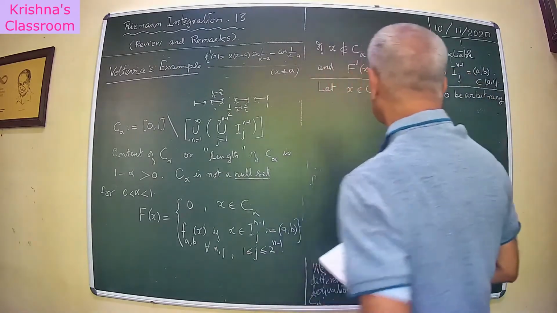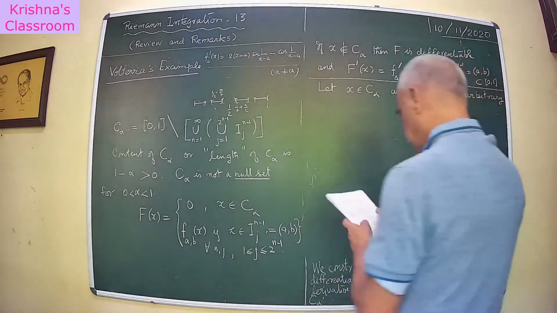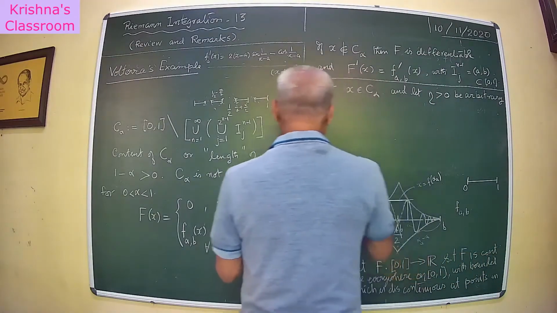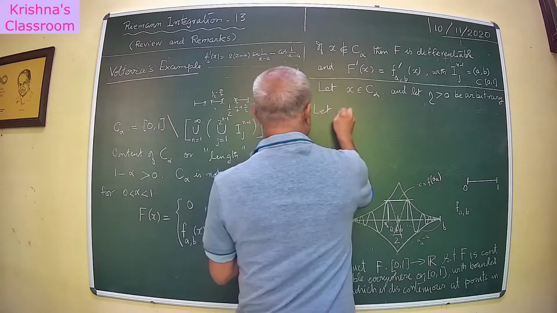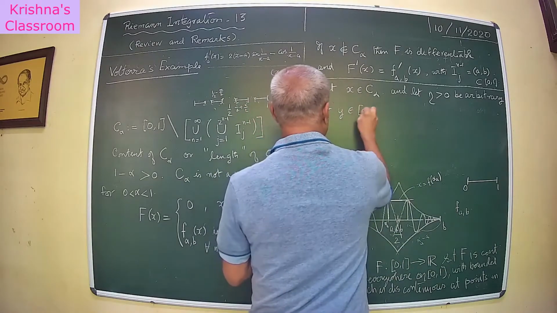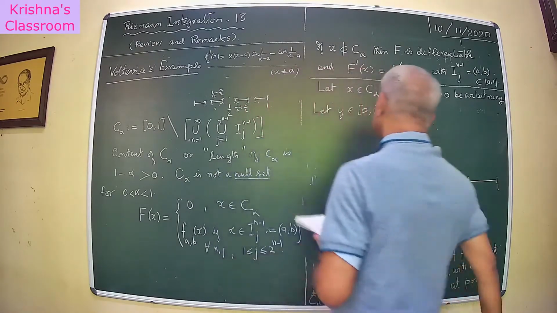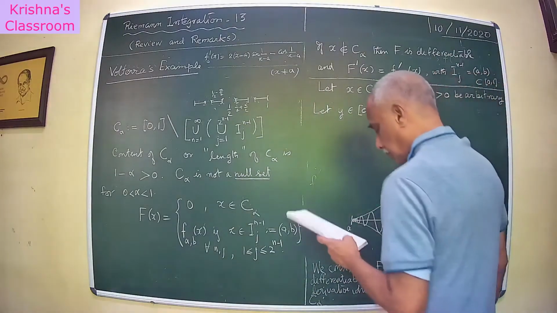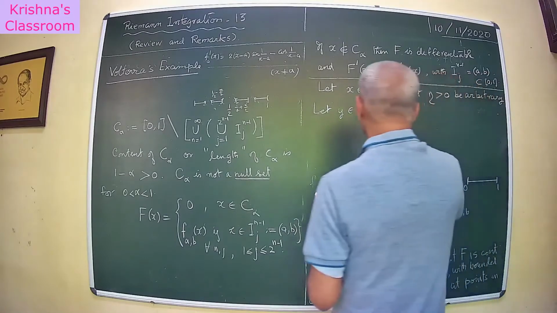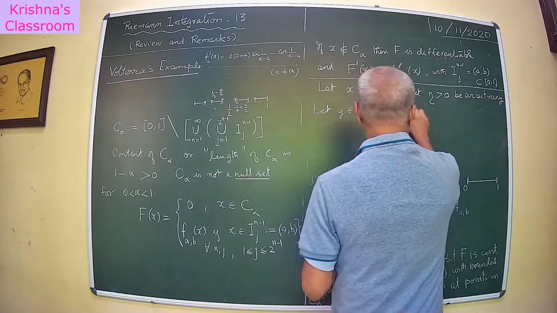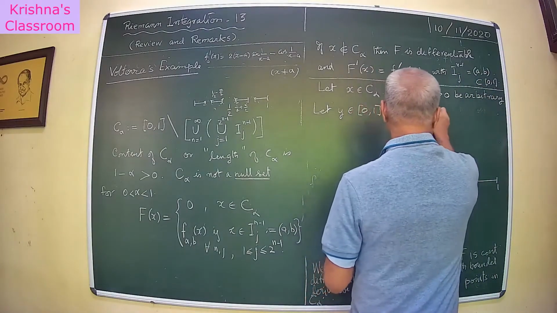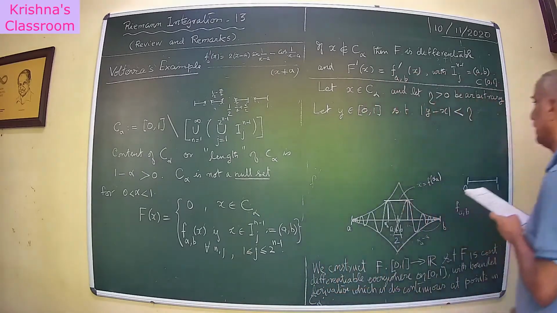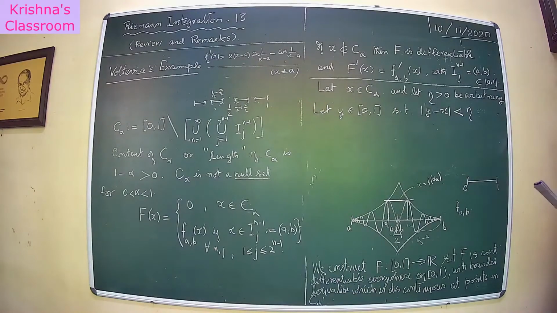So x is a point in C alpha. Now let y belong to [0, 1], y need not be in C alpha, such that mod y minus x is less than eta. So it is in the eta neighborhood of the point x.